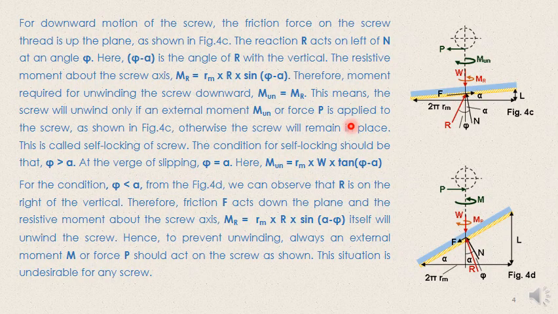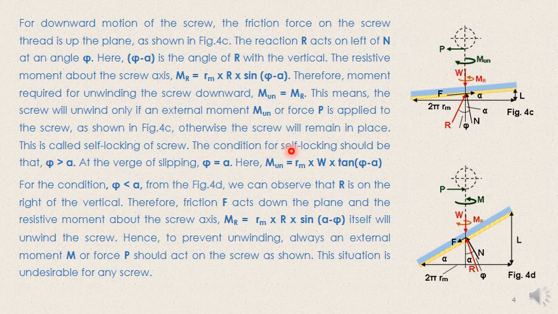This phenomenon, that you require an external moment to bring it down, otherwise the screw won't come back, is called the self-locking of the screw. That means the screw is self-locked. You have to open the lock by putting a moment in this direction.